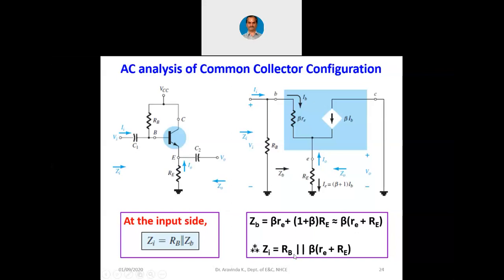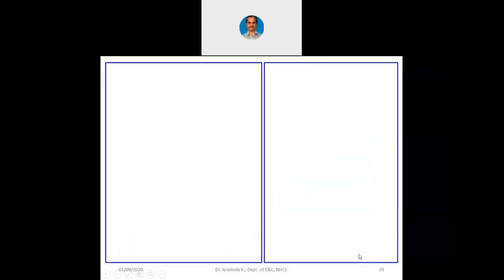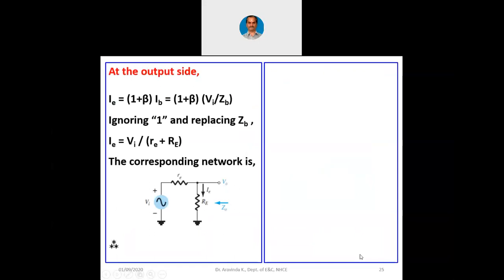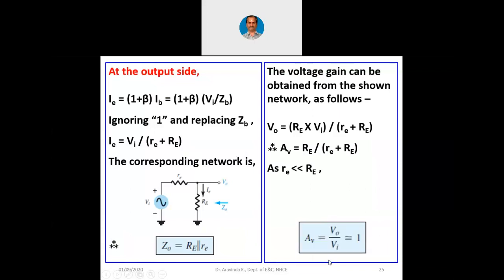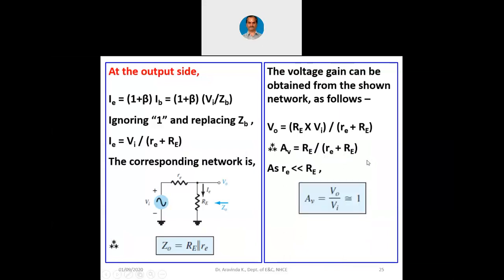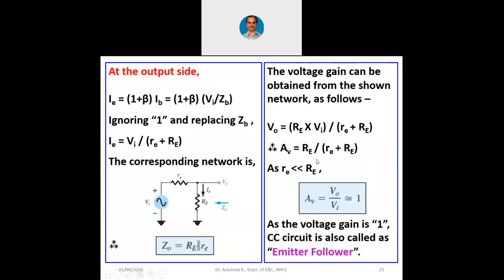Zi equals capital RB parallel with beta into small re plus capital Re. And Z0 is capital Re parallel with small re. And finally, AV is nothing but capital Re divided by small re plus capital Re. We can approximate it to 1, but still for the sake of the exercise, we will calculate the value using this upper formula itself.